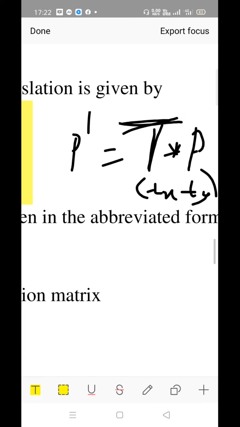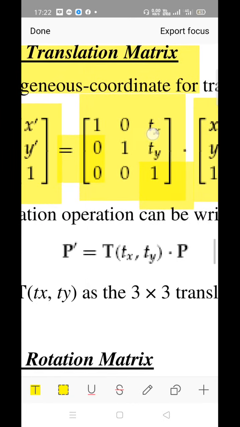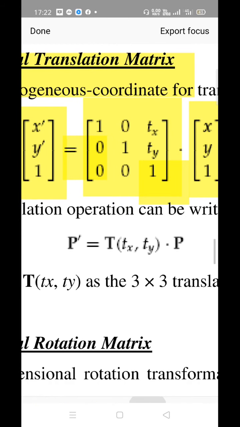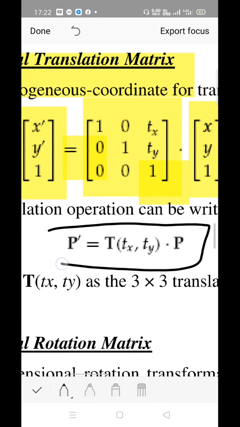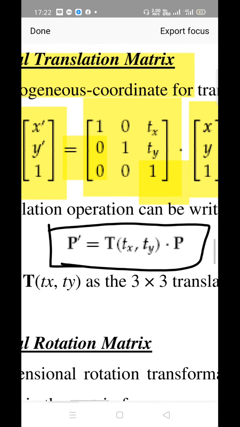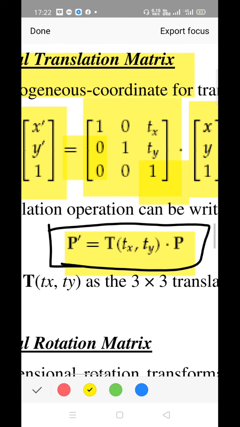Keep this in mind and go through the representation over here. The same thing I explained is written here: P dash is obtained as T into P, where T contains two parameters Tx and Ty, which I am highlighting. So the translation matrix is represented as follows.